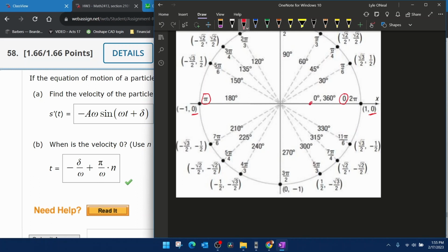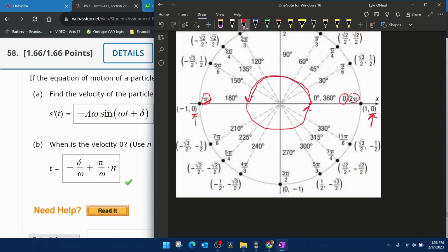If I start at 0, 0 is going to be a solution because it has a y coordinate of 0. But then if I travel a distance of pi, I arrive at another solution. If I go another pi, I arrive back at 0, now at 2 pi, which gets me back to a y value of 0.